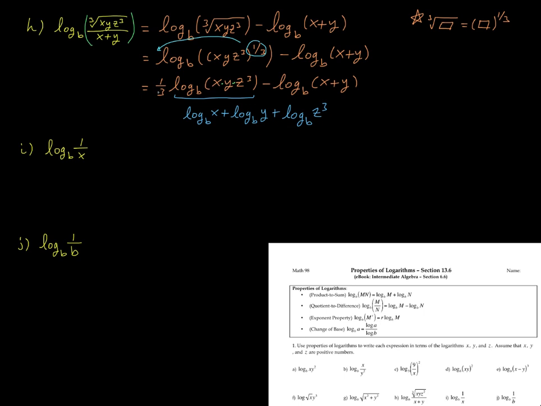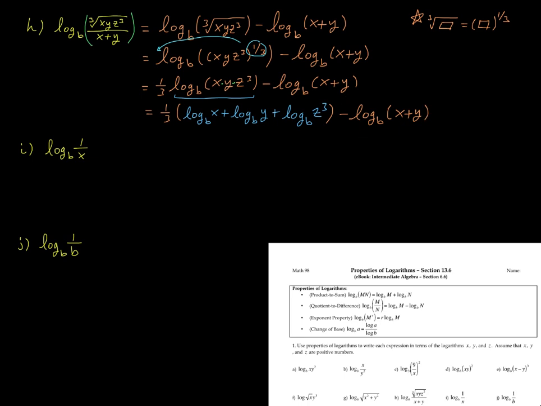Whew, okay. And then that 1/3 is multiplying this logarithm, so in turn, it's going to multiply this entire expression. And then I'm still subtracting from that log base b of x plus y.